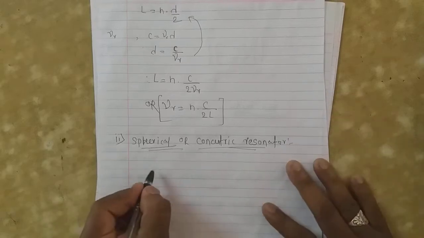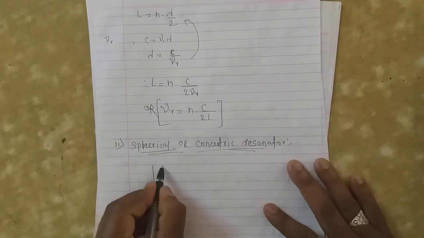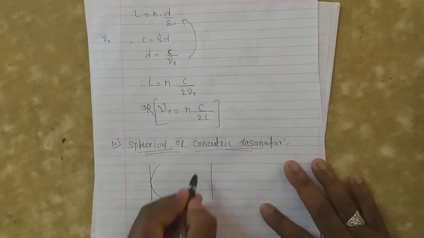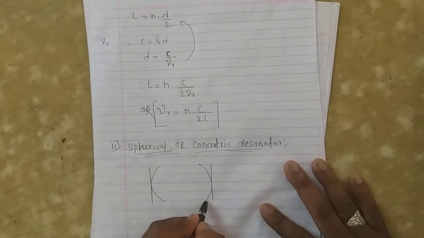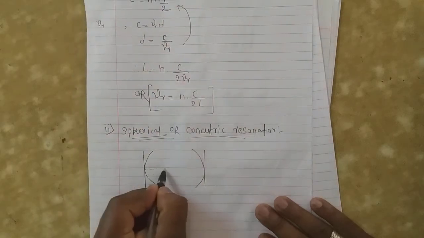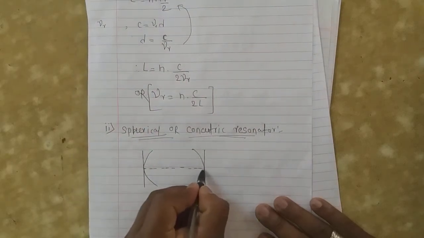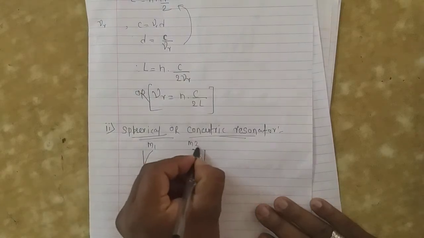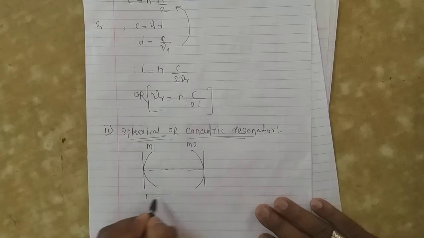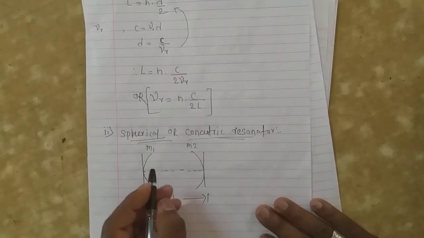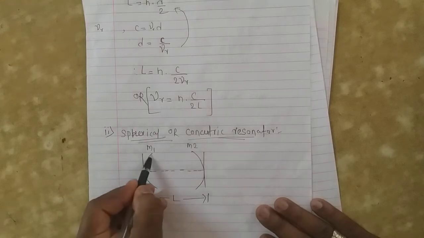To draw this: mirror M1, mirror M2, and the distance between the two mirrors is L.